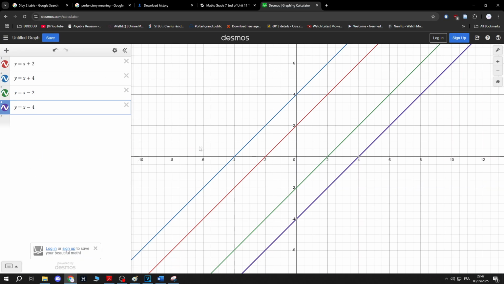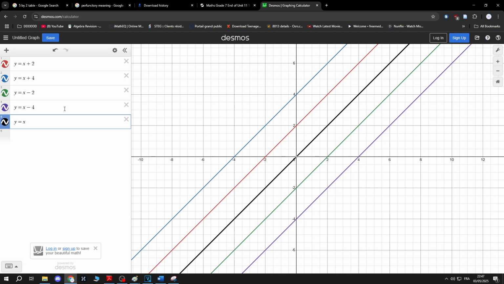Now let's look at each line. When C is 2, the line crosses the y-axis exactly at 2. Interesting. When C is 4, the line crosses the y-axis exactly at 4. When C is negative 2, the line crosses exactly at negative 2. And when C is negative 4, the line crosses exactly at negative 4. Now, then can you maybe predict what x plus 5 would look like?